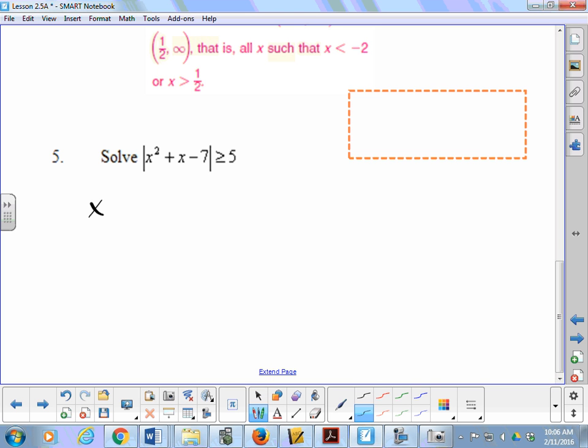So x squared plus x minus 7. And right now we're going to focus on equals. I'm going to write it first of all, and then we'll do that.